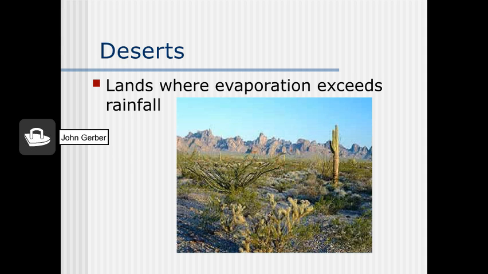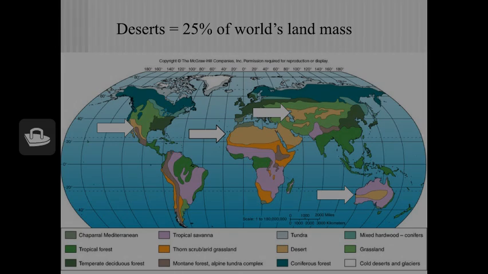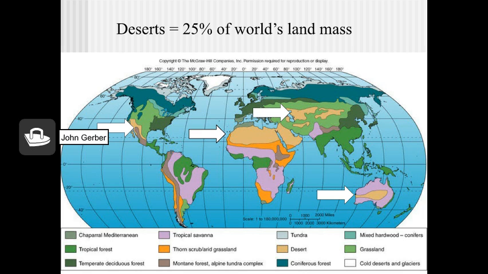Deserts can be defined as where evaporation exceeds rainfall, not on an annual basis, obviously, but on a daily basis. Most days, the system is losing more water than it's gaining. It can rain in deserts, however. Deserts make up a large percentage of the world's land mass, about 25%.